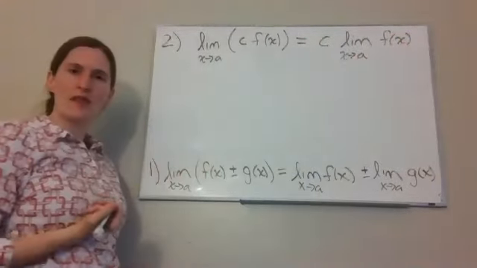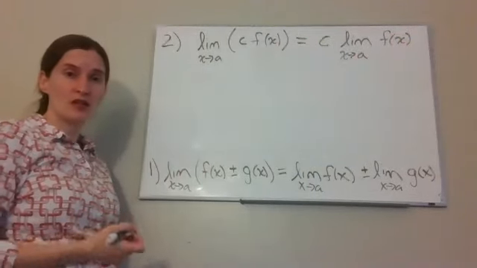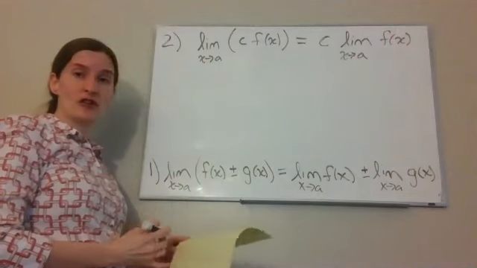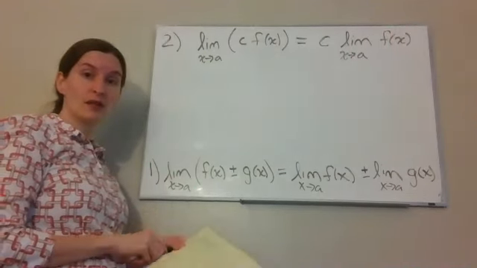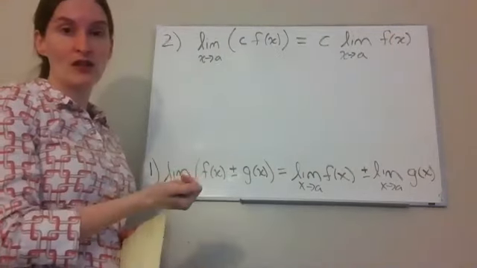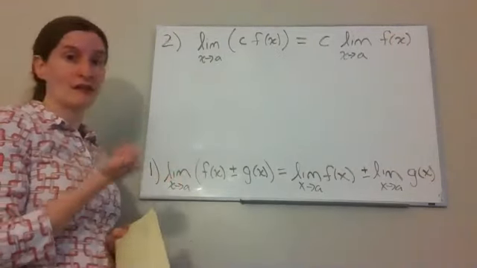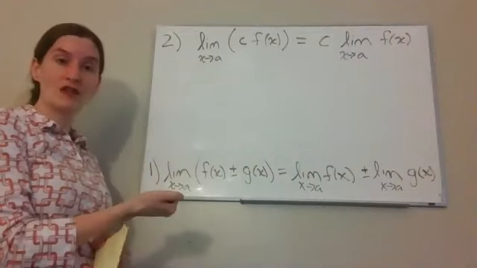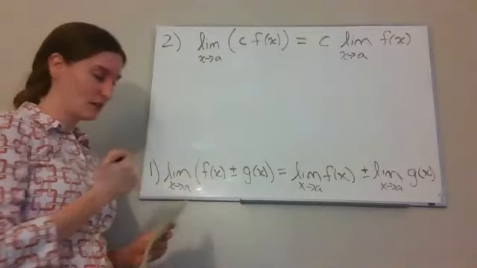This is another law that works just the way you'd want it to. If you're multiplying a function by just a constant number, you can take the limit of the constant times the function and find out that the result is the same thing as the limit of the function multiplied by the constant.